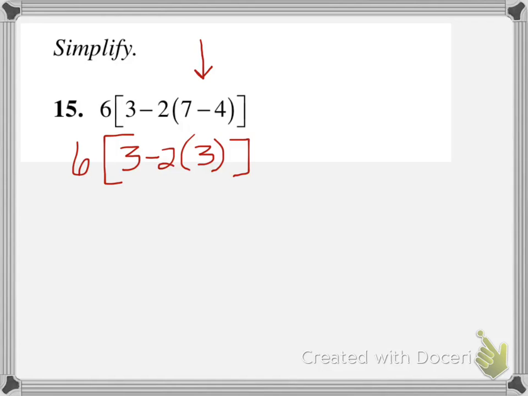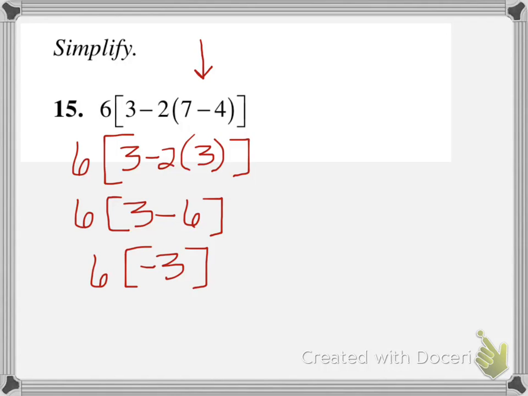So inside my grouping symbols, I have a subtraction and I have a multiplication. I have to do that multiplication first, so I still have the 6 on the outside. I still have my 3, and instead of minus 2 times 3, that's minus 6. So now I have 3 minus 6 on the inside. That is going to be negative 3. And I have a 6 on the outside. And when you have a number next to a grouping symbol, that means to multiply. So 6 times negative 3 is negative 18.